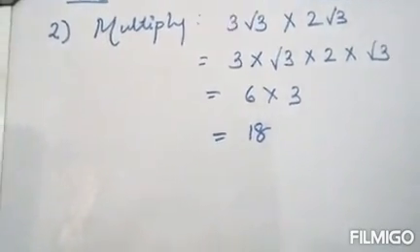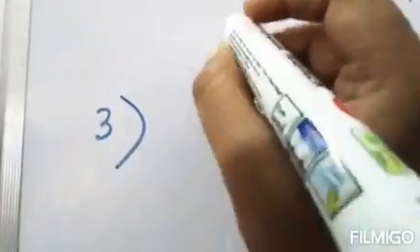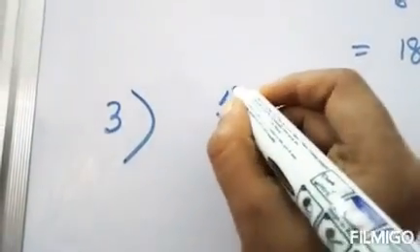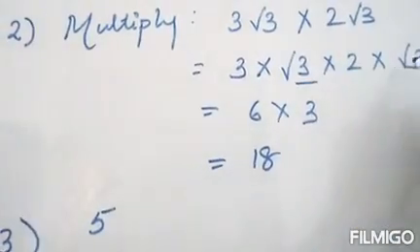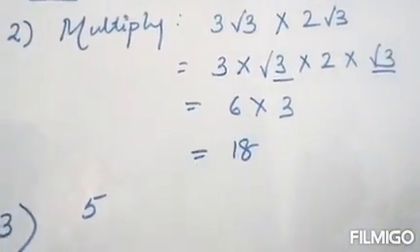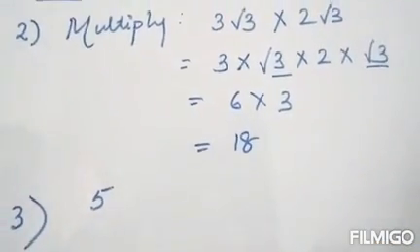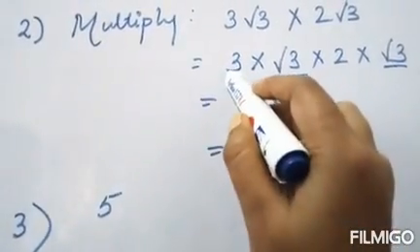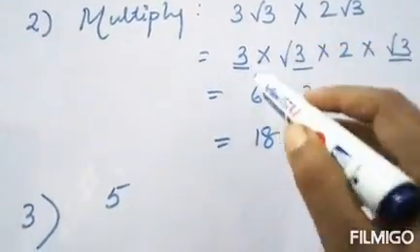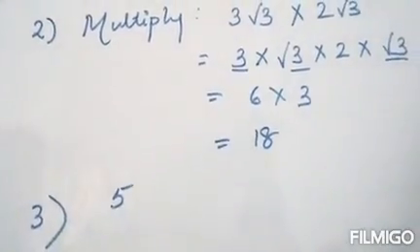Okay. Now, next question. Suppose I am told to multiply. See, one thing you see, this is an irrational number, this is an irrational number. When I am multiplying two irrational numbers, I am getting one rational number. But here we can see one rational number and here it is another irrational number.